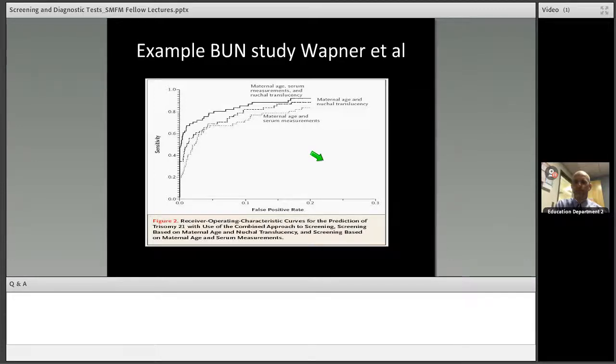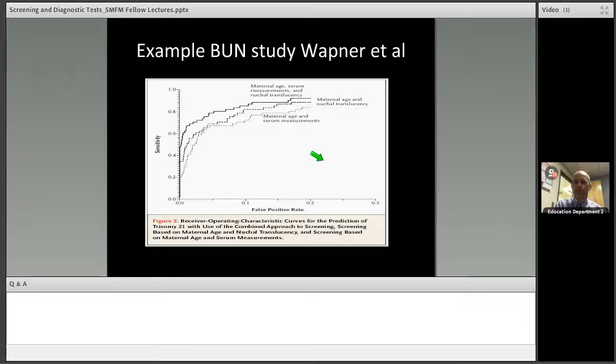Okay, so this is an example from the BUN study, which was published, I think, in the late 90s or early 2000s, with Ron Wapner being the lead author. And this is the biochemistry, ultrasound, and nuchal translucency study.